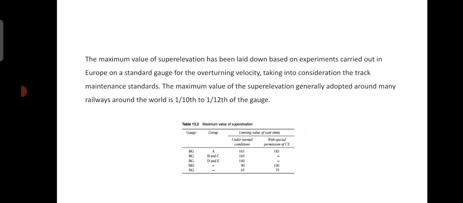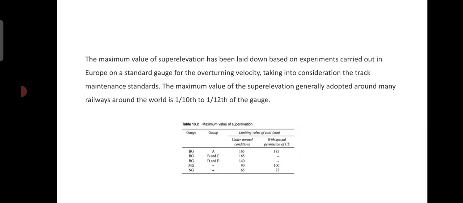The maximum value of super elevation has been laid down based on experiments carried out in Europe on a standard gauge for overturning velocity, taking into consideration the track maintenance standards. The maximum value of super elevation adopted around the world is 1/10 to 1/12 of the gauge.